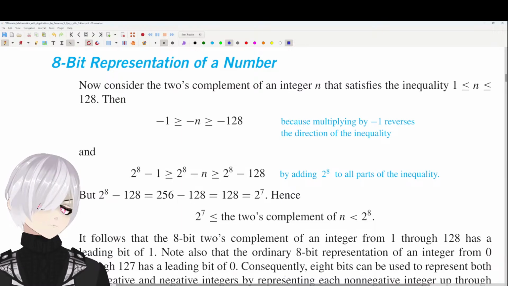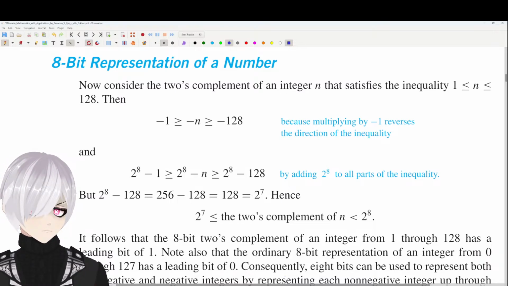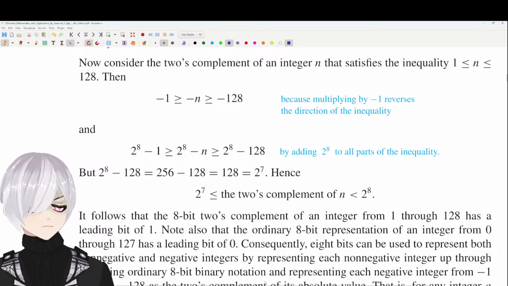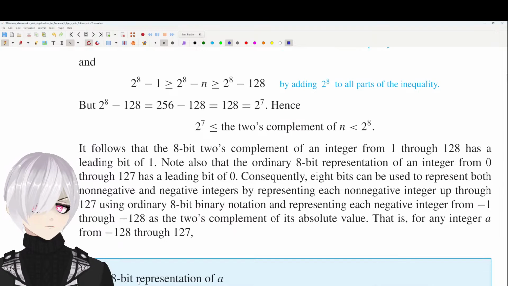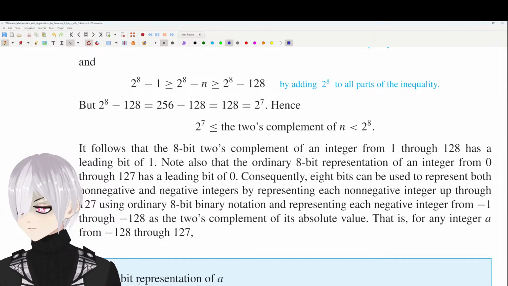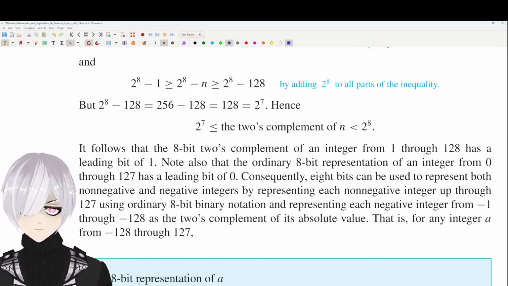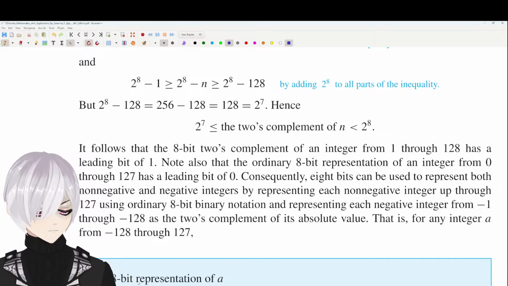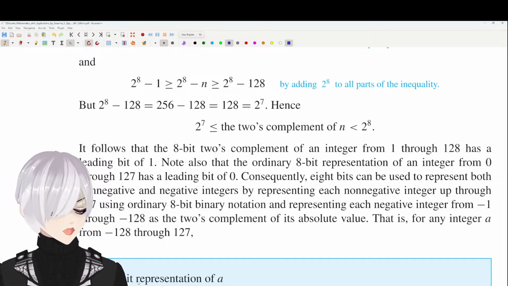So it follows that the 8-bit 2's complement of an integer from 1 through 128 has a leading bit of 1. Let's see what that means. Oh, okay. So 2 to the 7th, in binary notation, is going to be 1 followed by 7 zeros, because you have a 1 in the 2 to the 7th place and zeros everywhere else.